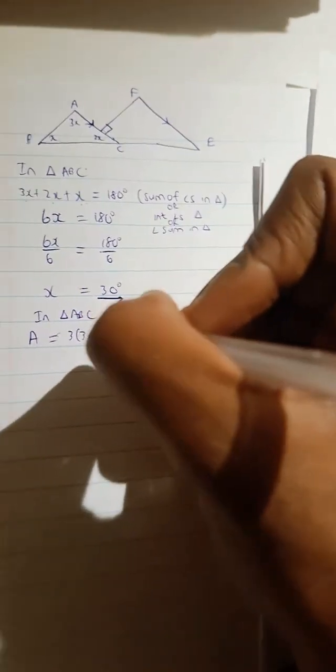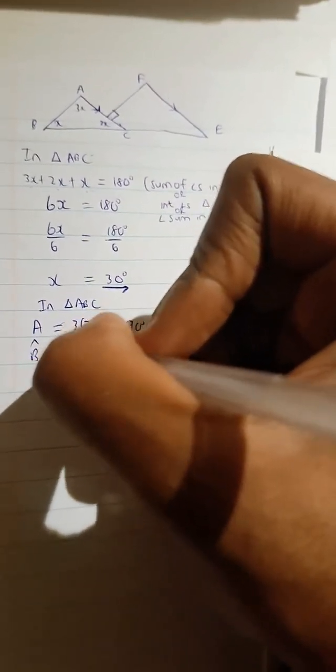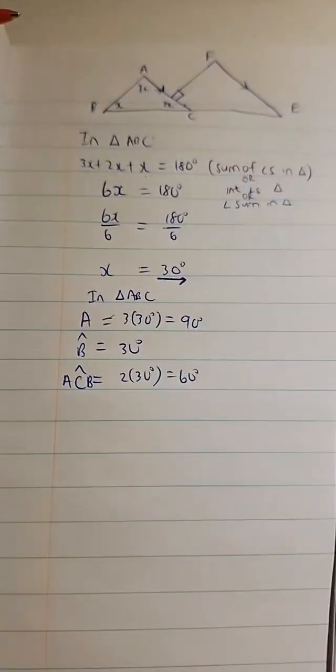Angle A is 3 times 30. That is 90 degrees. Angle B is going to be 30 degrees. Angle C, at least ACB, is going to be 2 times 30 degrees, which is 60 degrees.